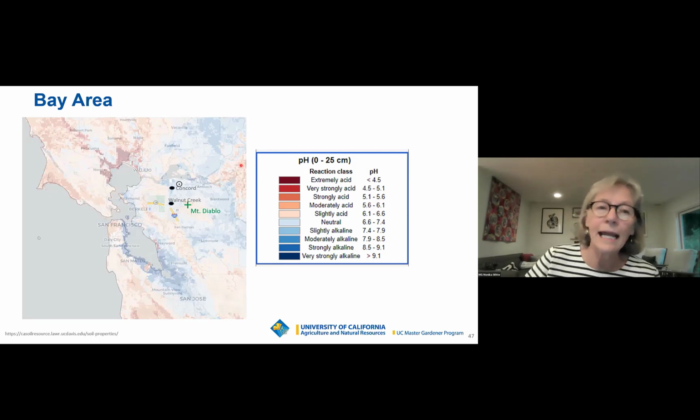But generally, in the Bay Area, it's mostly this pinky color or pale blue, which is neutral or slightly acidic, and only one step away from that. So the pH in the Bay Area is relatively close to neutral.